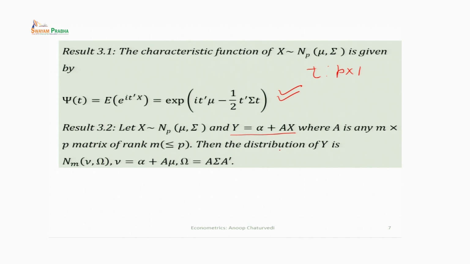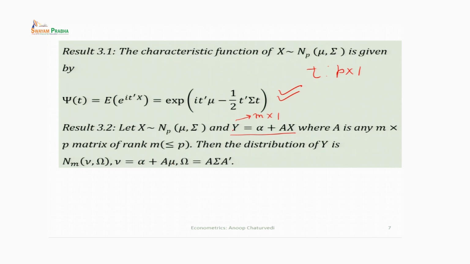Then the distribution of y is also multivariate normal distribution. Actually, the order of y is m cross 1. So, y follows N_m, means m-variate normal distribution with mean vector nu, where nu is equal to alpha plus A mu.